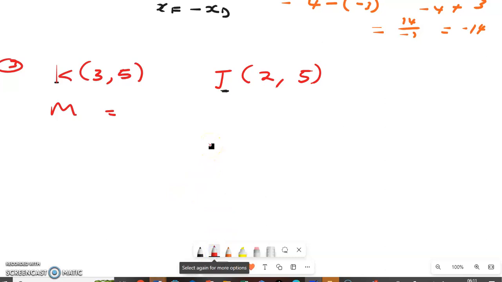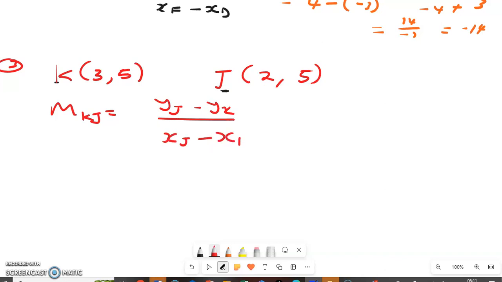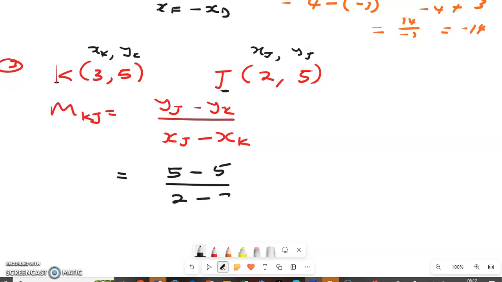So the gradient of KJ is given by y at point J minus y at point K over x at point J minus x at point K. Here y at J is 5, y at K is 5, over x at J, 2, minus x at K, 3.